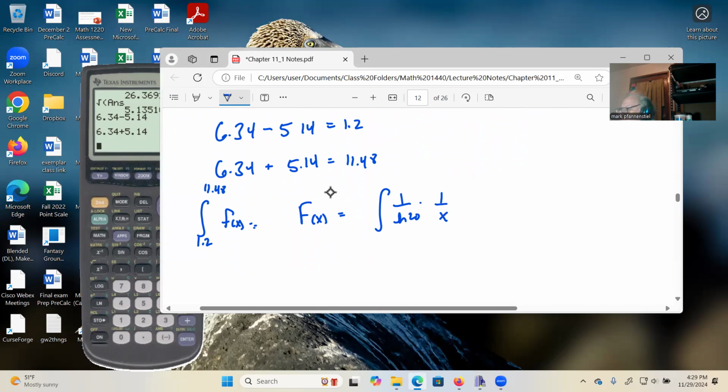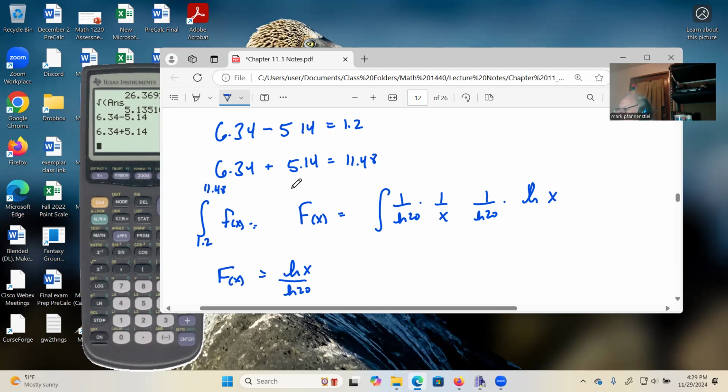That was our original distribution, remember? So this is going to be 1 over ln 20 times the integral of 1 over x, which is natural log of x. So it is ln of x over the natural log of 20 over the range of 1 through 20. So that's my capital F of x.